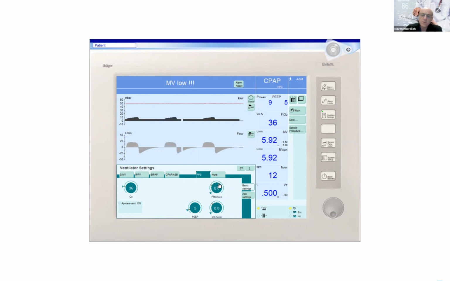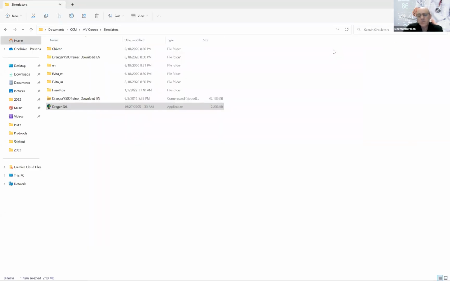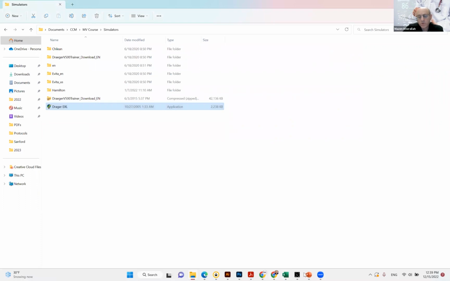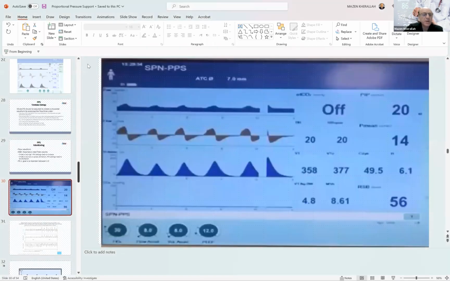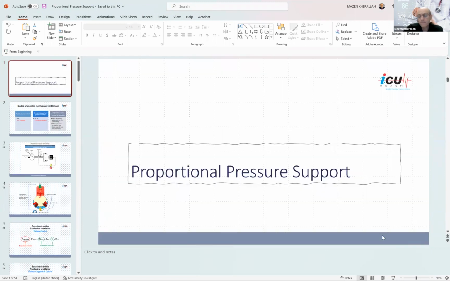So in other words, it amplifies the pressure to help the patient breathe with less work of breathing. So this is on Dräger. So let's go with the presentation. Of course, I'm going to explain all this in detail so you can understand it fully.